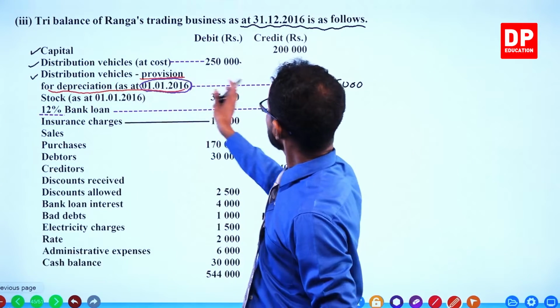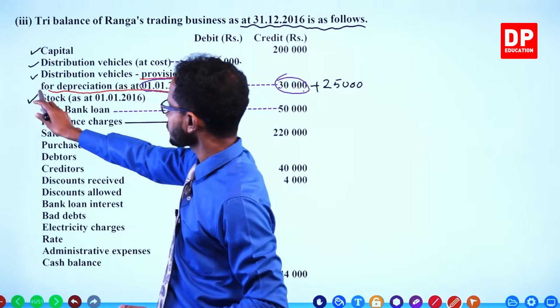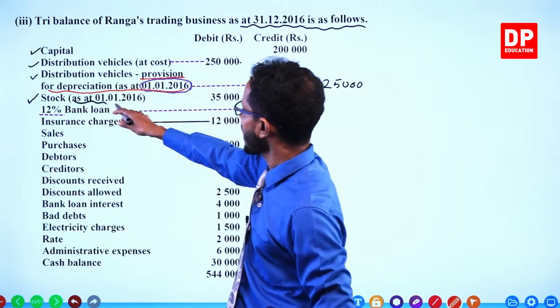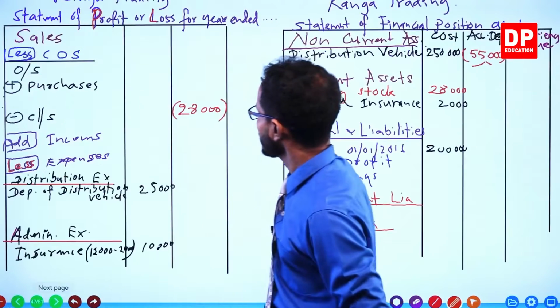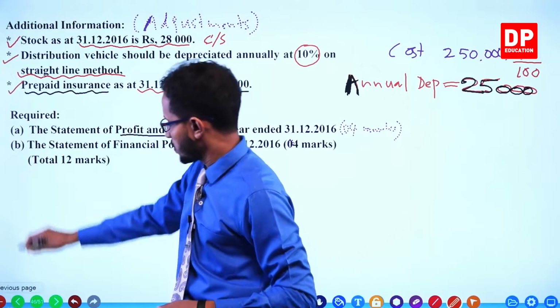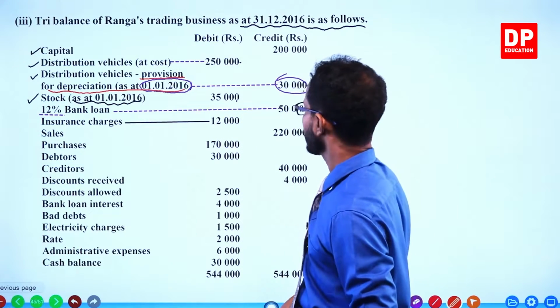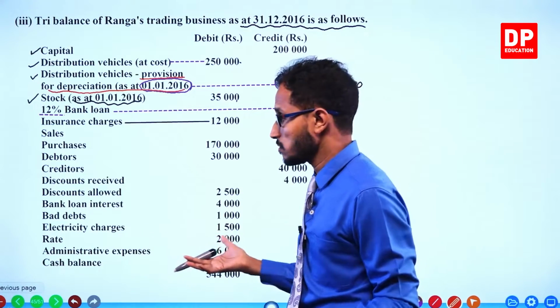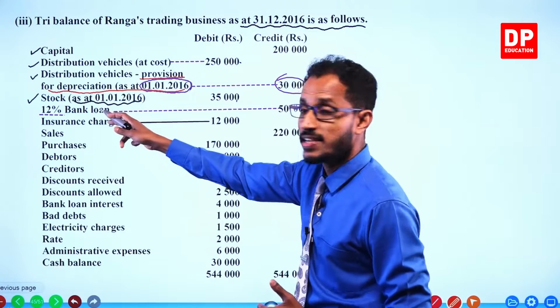So both can be ticked off. Okay. Stock. 1st January, opening stock 35,000. Take the opening stock here, 35,000. Done. Tick it off. Ticked. Opening stock. Wherever you put the item, you have to tick it here.